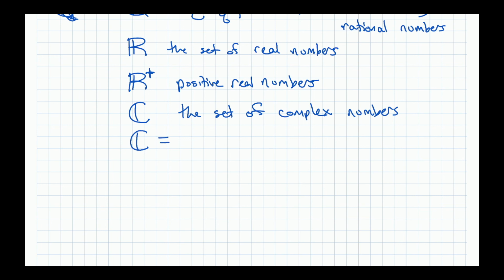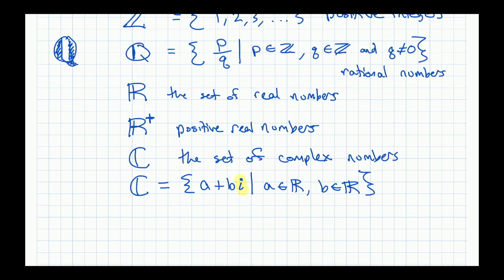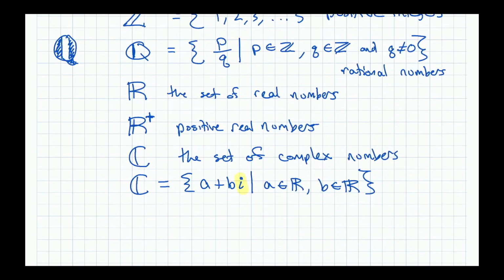So you could say C is the set of a plus bi, such that a is a real number and b is a real number. If you know what a real number is, then you know what a complex number is. It just is a real number that might or might not have an i on it. And it's complex.